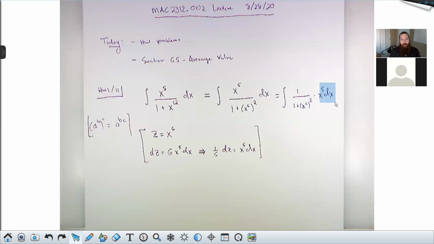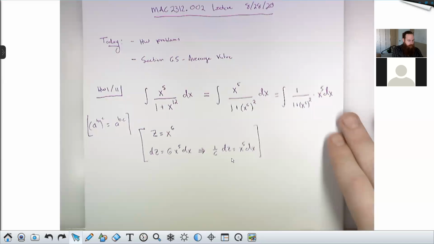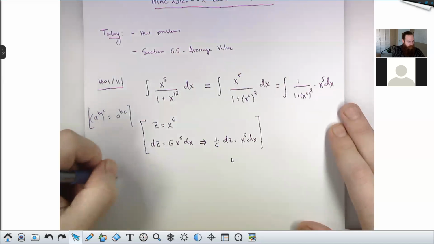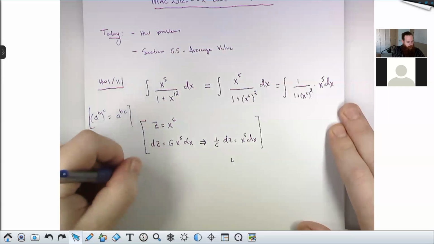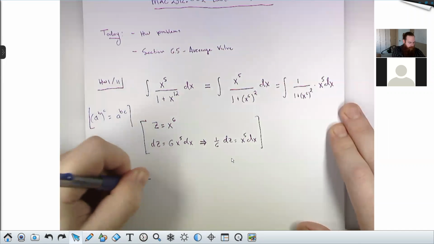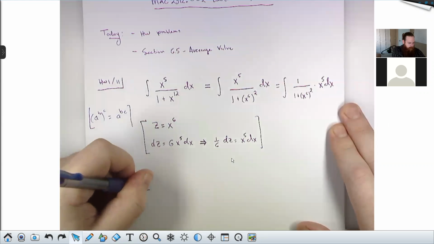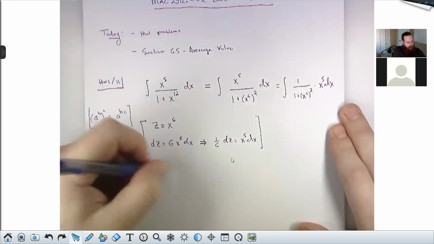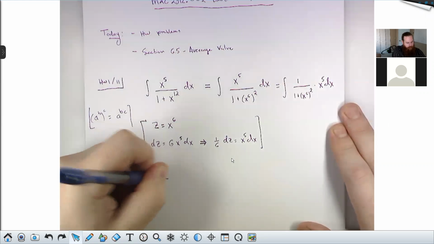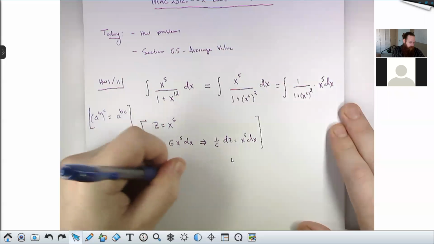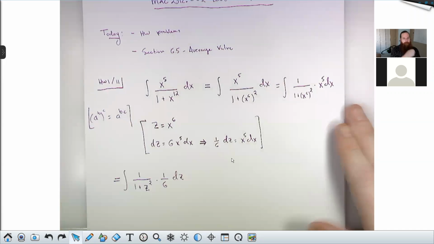And this piece, x to the 5 dx, that's going to be 1/6 dz. So this integral is equal to the integral of 1/(1 plus z squared) times 1/6 dz.